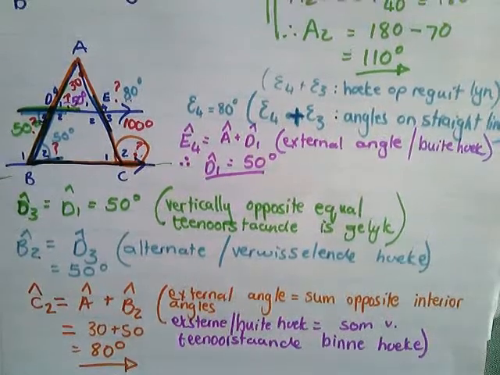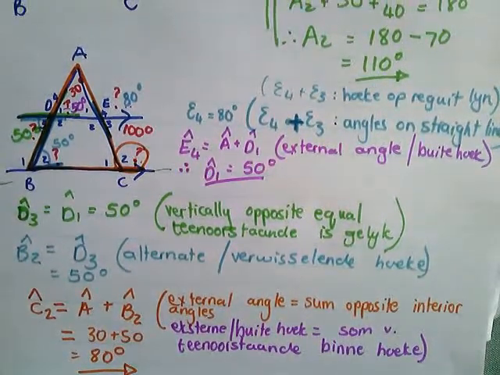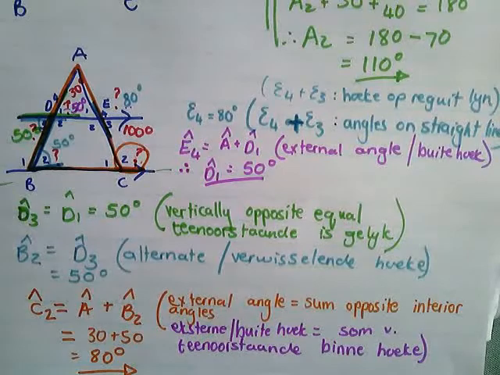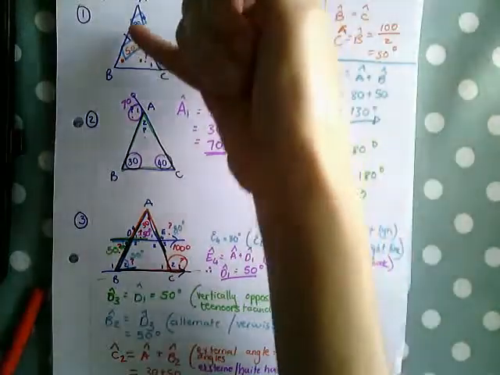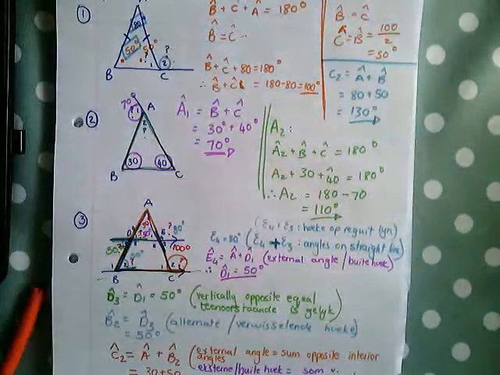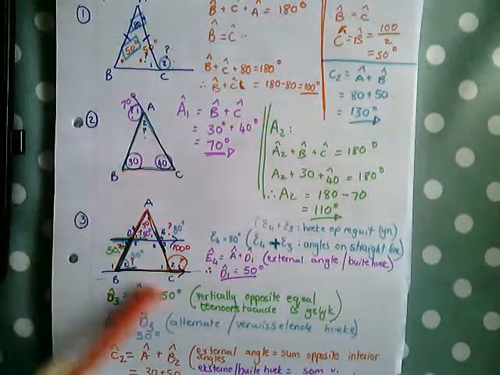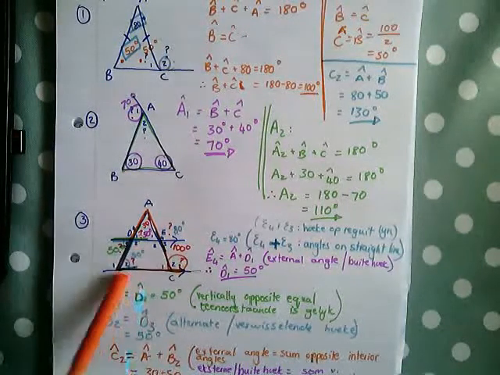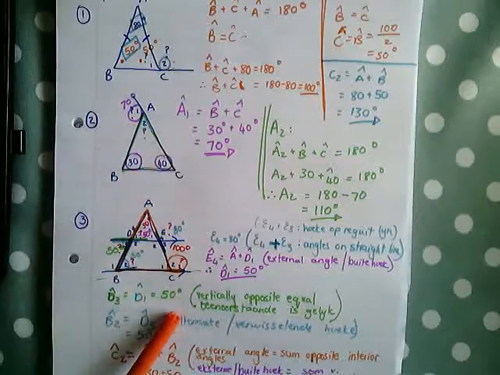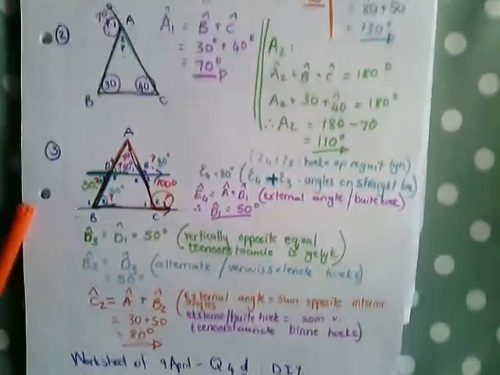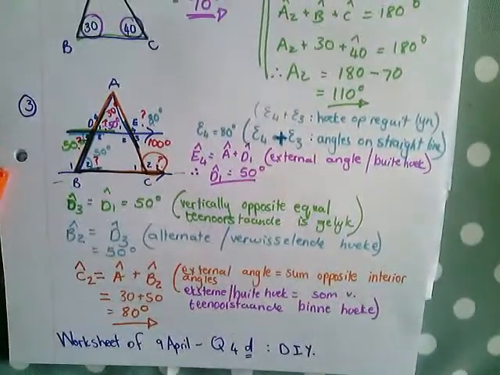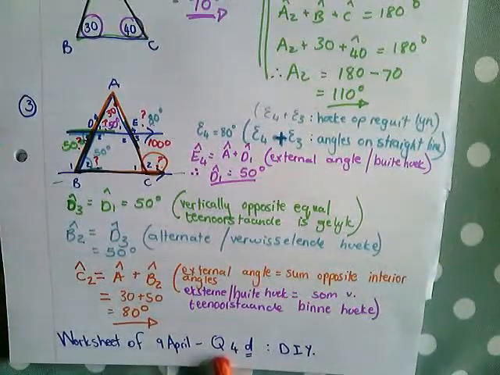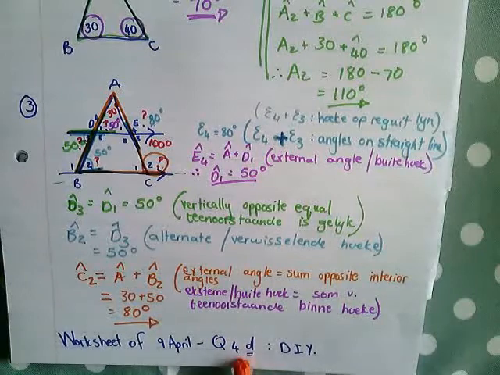Right, please make sure you understand these three examples and how we use, firstly, the properties of a triangle, and secondly, how we combine the properties of a triangle with fun X. If you understand these three, then I would like you to go back to that worksheet that you had on Thursday, the 9th of April, just that last question where they combined these two things, as in question 3.